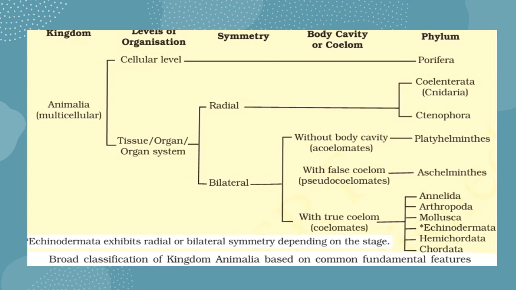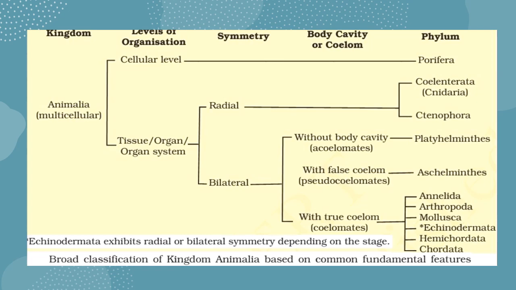So there are many organisms which are unicellular, means they are made up of only one cell. Then we studied that when many cells come together and work towards a particular function, they form a tissue. So there are certain organisms that have only the presence of tissue. That is what we say as tissue level organization.